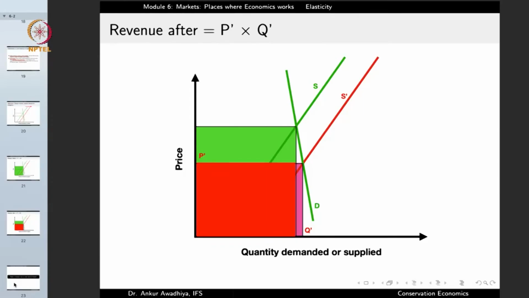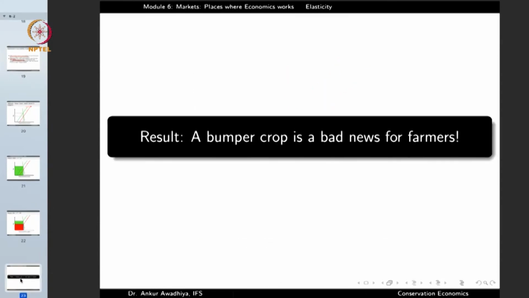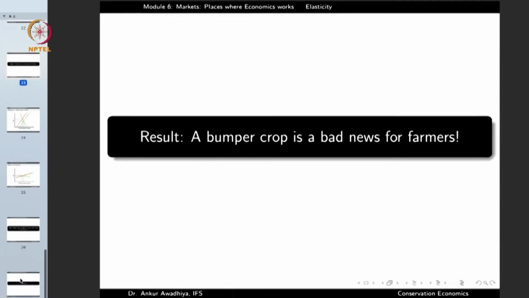Because the demand curve for food grains is inelastic. So in this case, the result is that a bumper crop is bad news for a number of farmers, because even though they have increased the supply, there is a decrease in the revenue that these farmers get. So a bumper harvest in this scenario is bad news for the farmers.